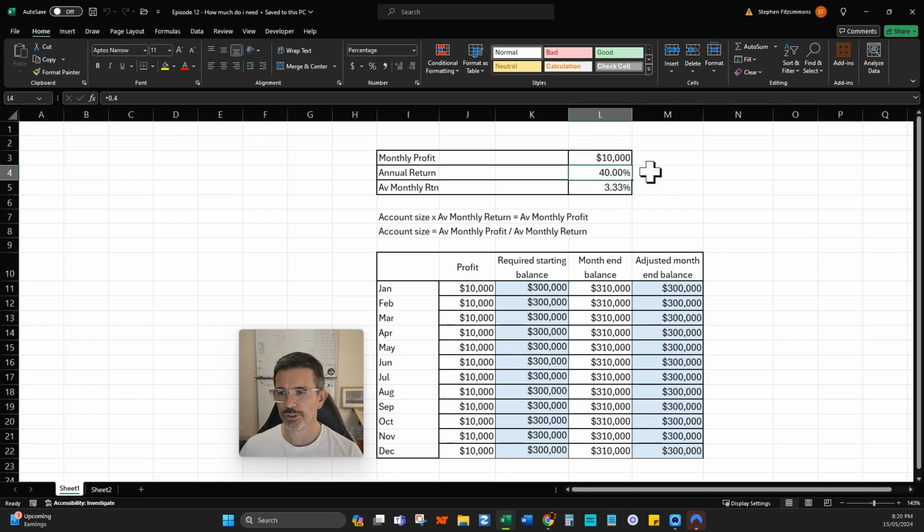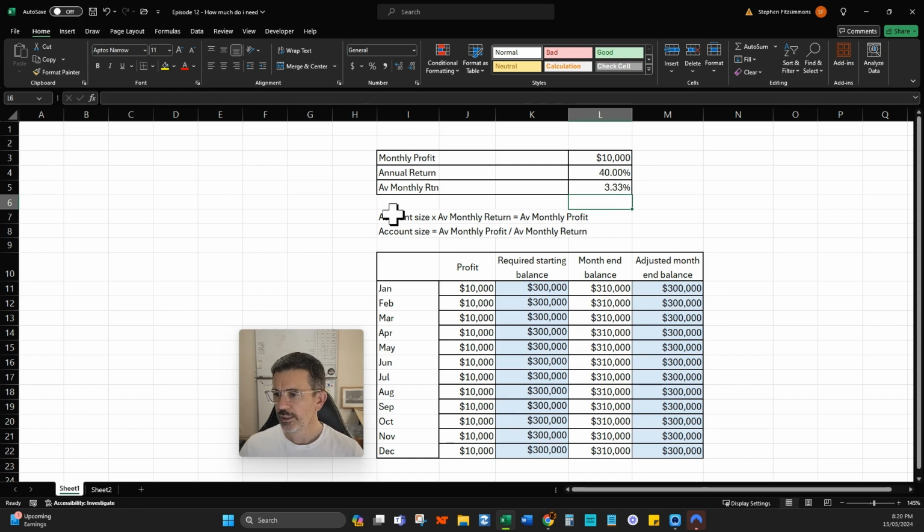Because this trader wanted to know about $10,000 profit per month, and for the sake of the illustration, I've just divided that 40% by 12 to give us an average monthly return.